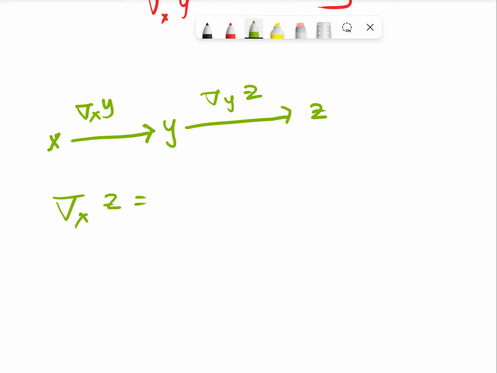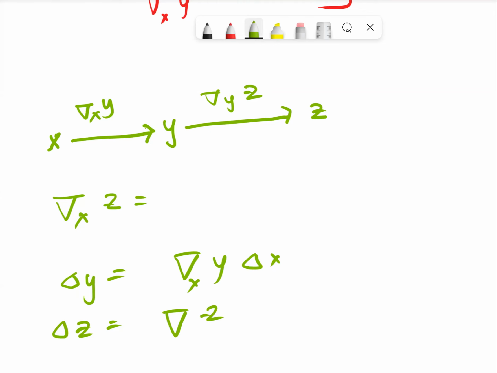You can't write this as dz over dy because they're not necessarily scalars, right? That's a nabla, but we know that delta y equals nabla yx times delta x, and we know that delta z equals nabla zy times delta y, which is going to be nabla zy times nabla yx times delta x, right?